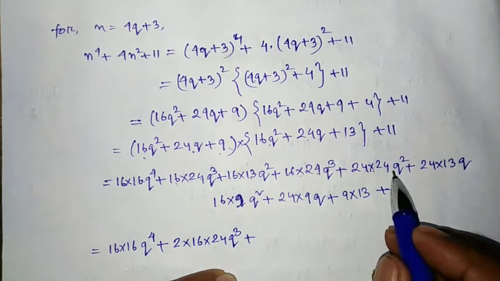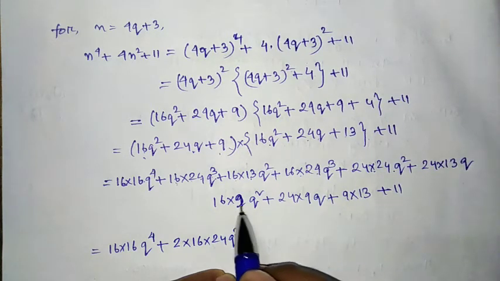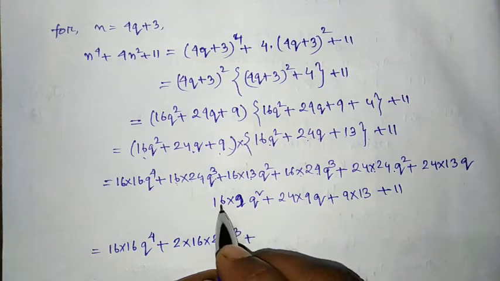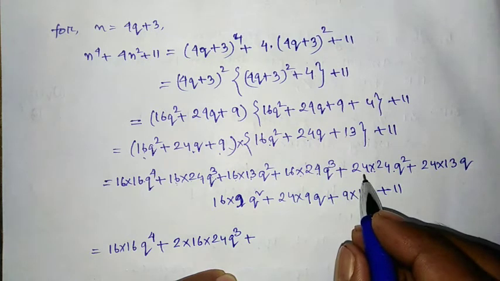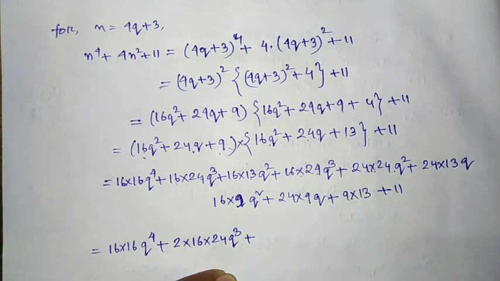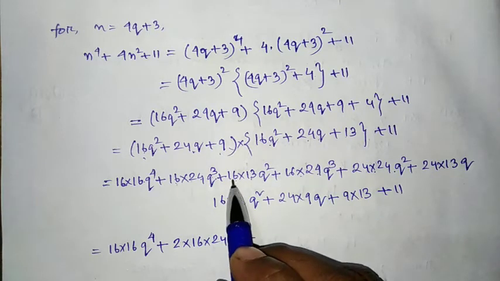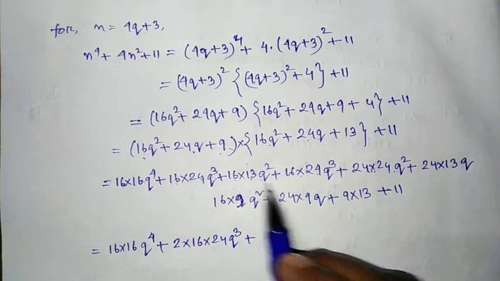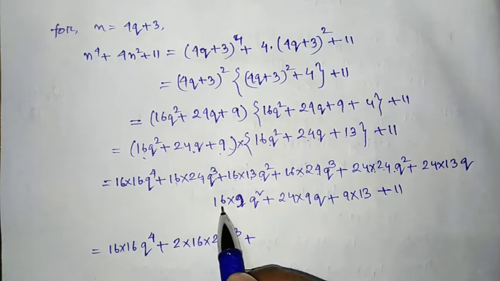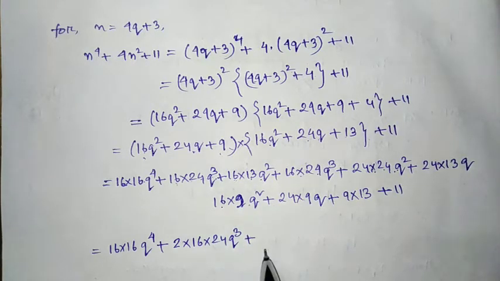What are similar terms? 16 into 16 q to the power 4, plus q cube terms. If we add these, 16 into 24 q cube is coming 2 times, so 2 into 16 into 24 q cube.